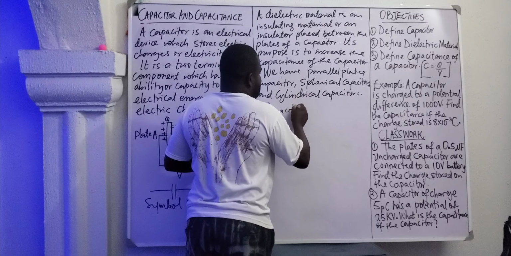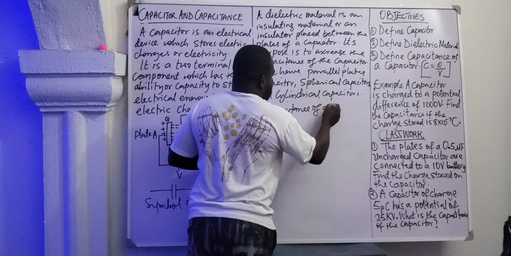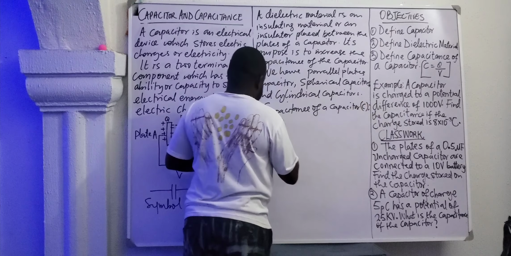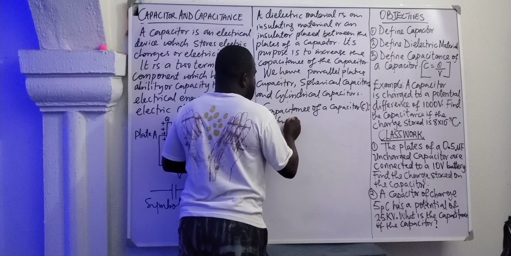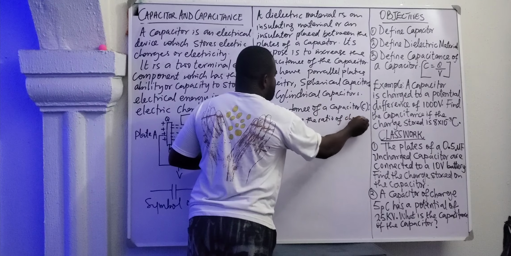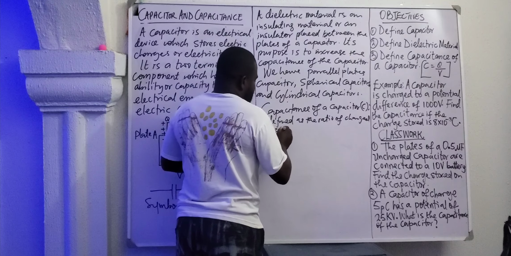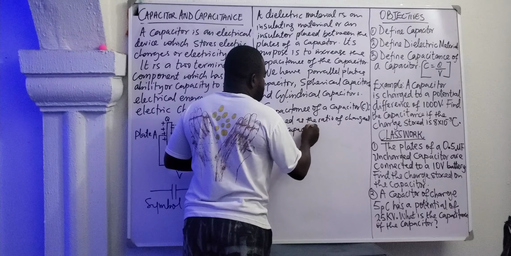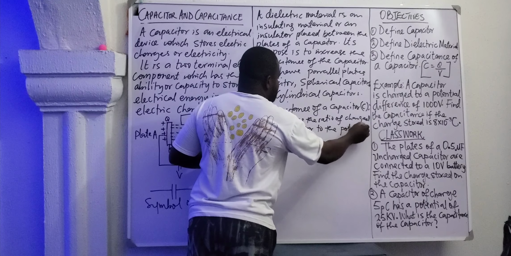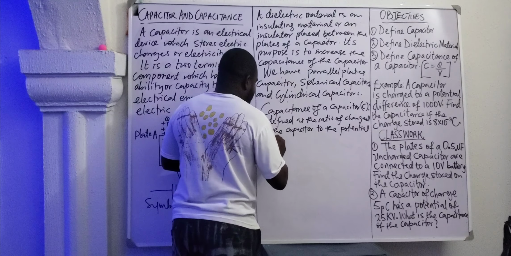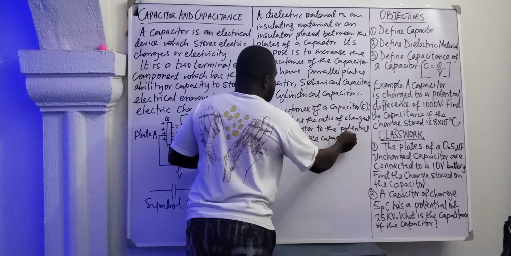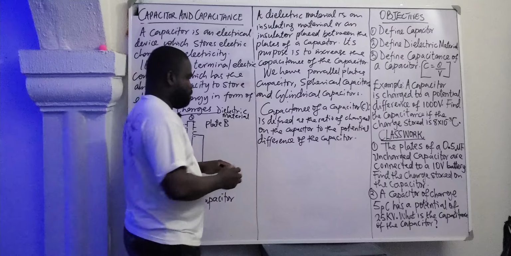Capacitance of a capacitor, we use letter C to represent it, is defined as the ratio of charge on the capacitor to the potential difference of the capacitor.